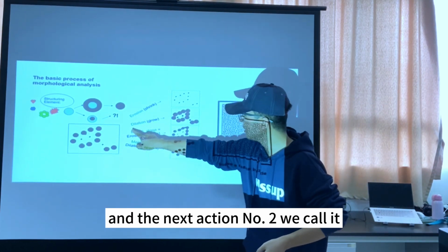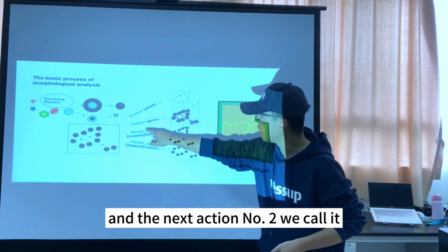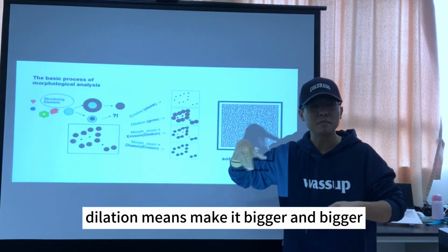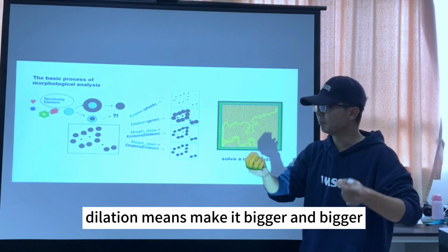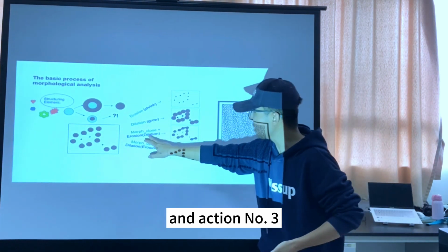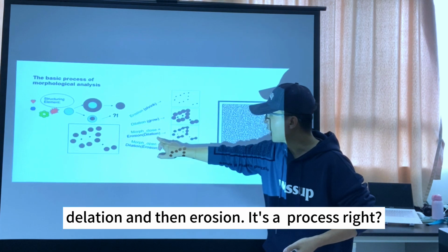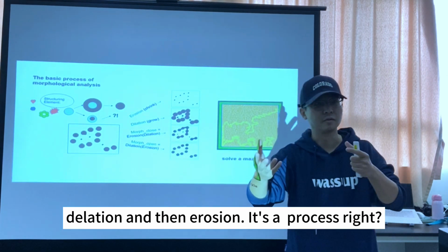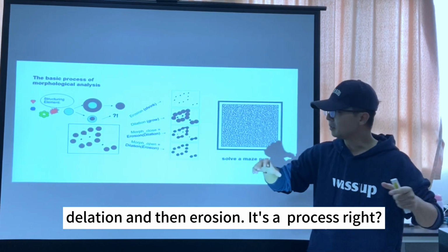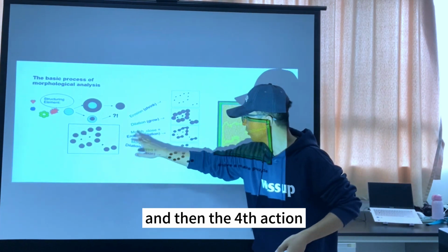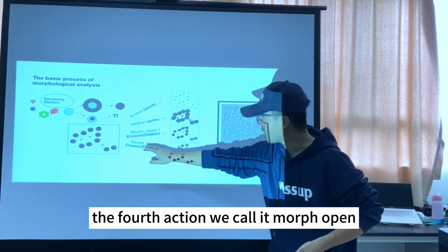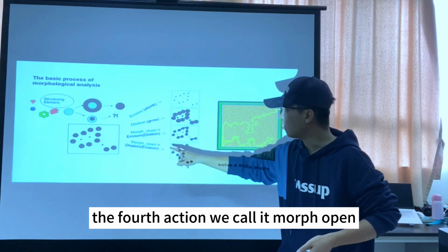The next, action number 2, we call it dilation. Dilate means make it bigger and bigger. And action number 3, morphological close. That means first dilation and then erosion. And then the fourth action, we call it morphological open.